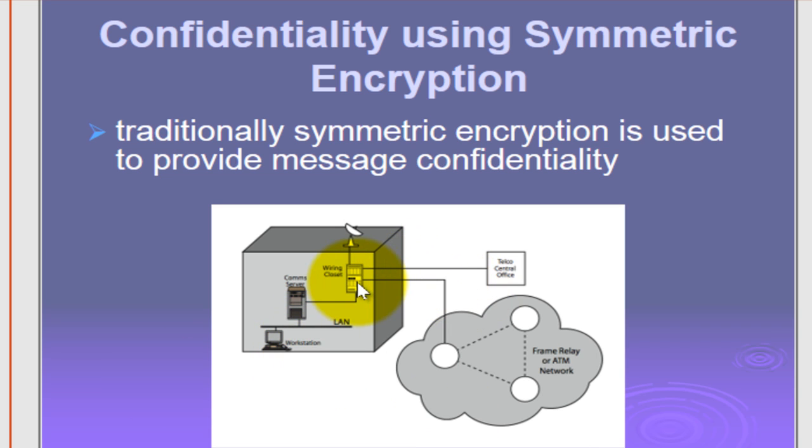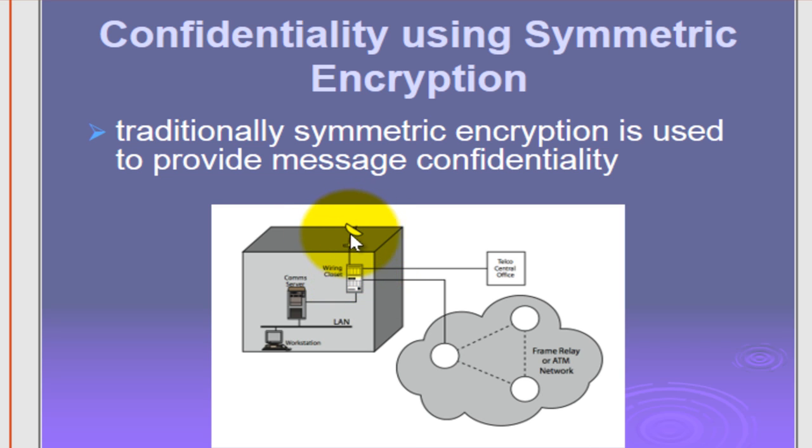And there is a place called the wiring closet, where all the wirings are connected. It is a wiring room, where all the LAN connection wires are placed. If the attacker tries to tap the wires, he can get from the wires into your network.